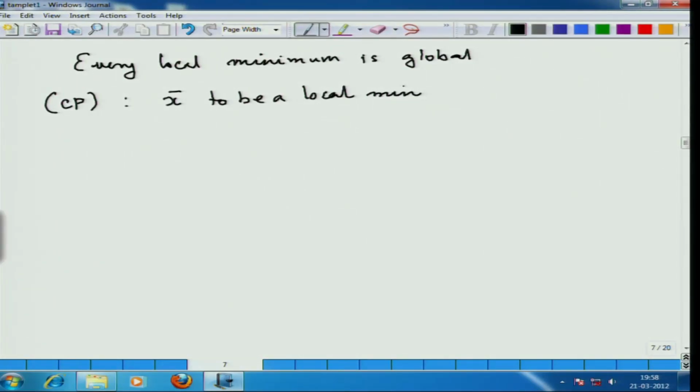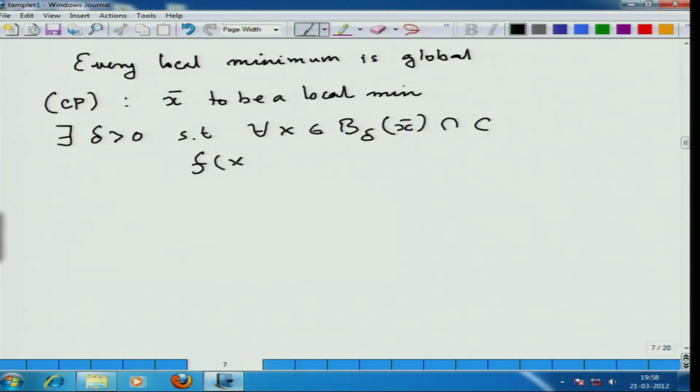okay. If I consider x bar to be a local minimum, what am I supposed to do? It means that there must exist a delta greater than 0 such that for every x which is in the ball centered at x bar of radius delta and whose points also lie in C, that is the intersection of C and B_delta(x bar), for all such x's, f(x) is bigger than or equal to f(x bar).